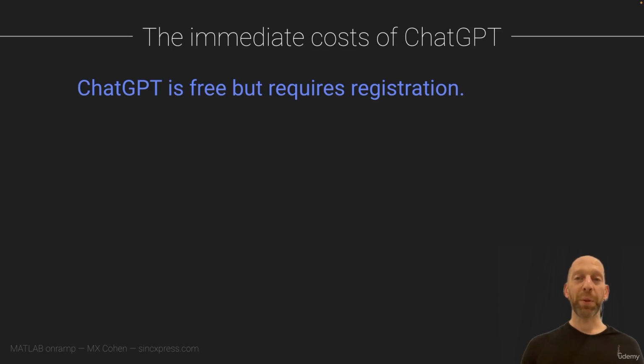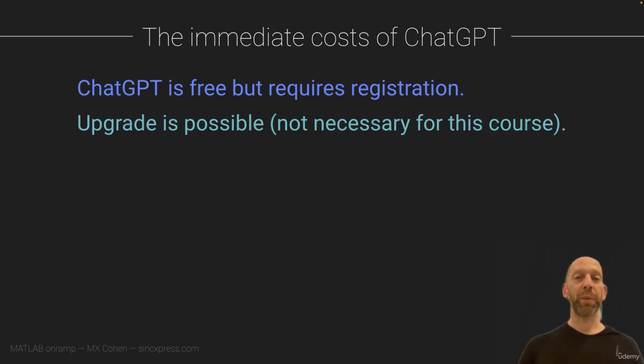There are usage caps. You might get blocked if the usage is heavy, but those blocks are just temporary. They will lift after minutes or hours. You could also pay for an upgrade right now that costs around $20 per month. That gets you faster response times, upgrade to the latest ChatGPT model, and better access during busy periods.